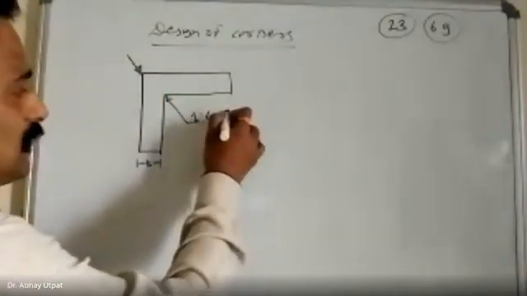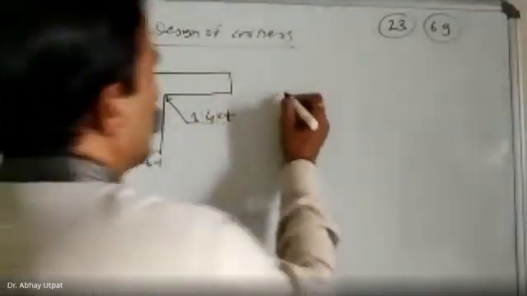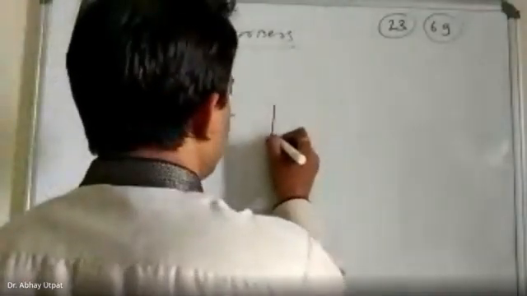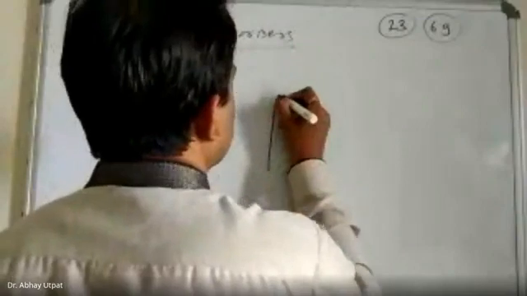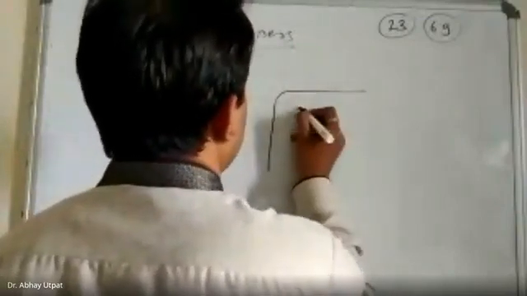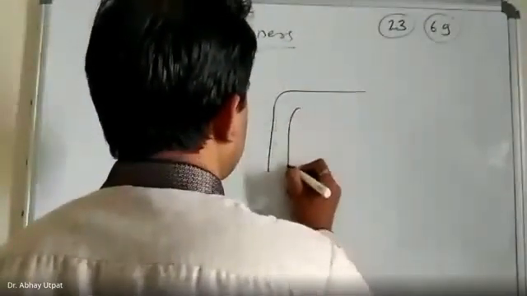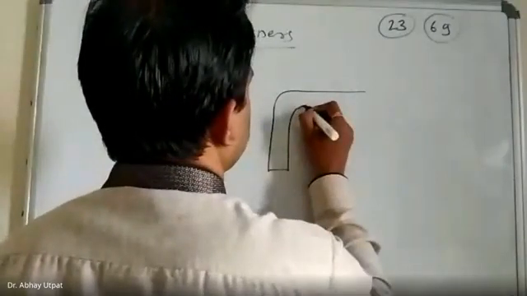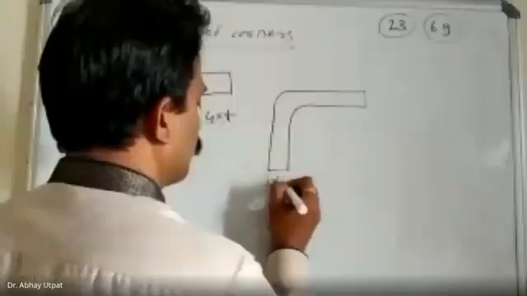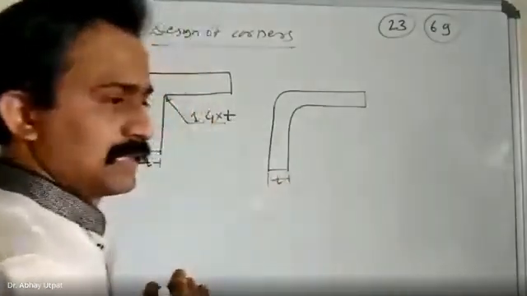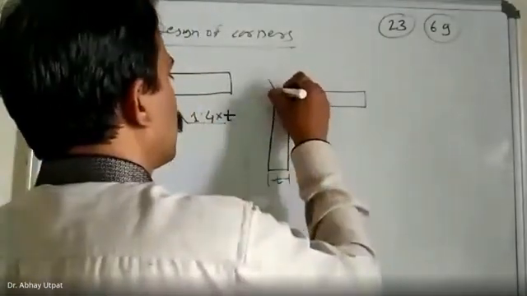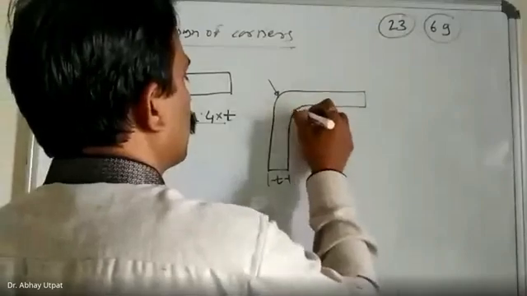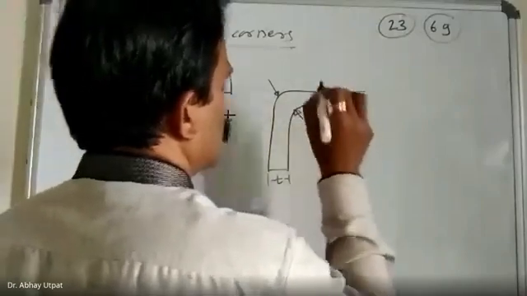That's why if you modify this design in this way, you will have uniform wall thickness. This is T. This is also T.